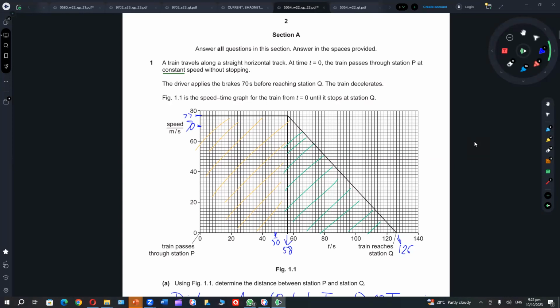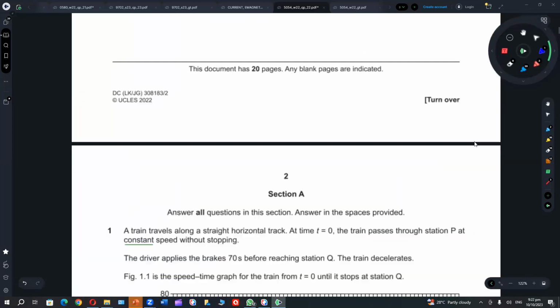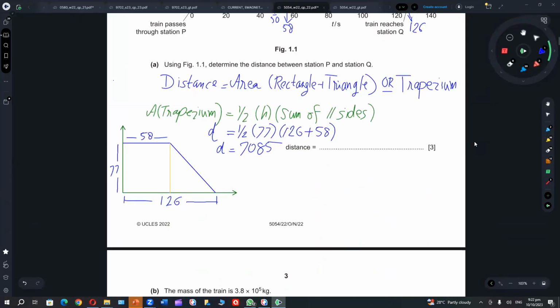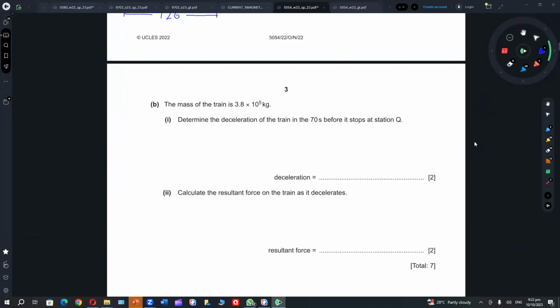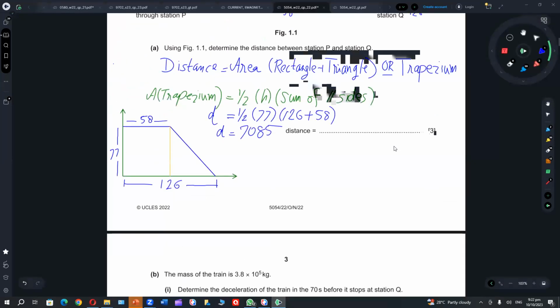He applies the brake 70 seconds before reaching station Q. So deceleration, is it the gradient of the graph when you have a speed time graph? Yes. Acceleration is the gradient.